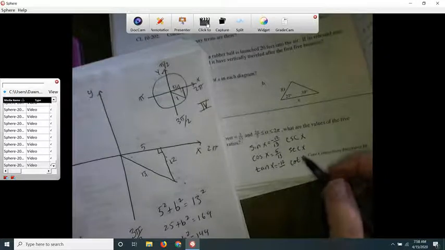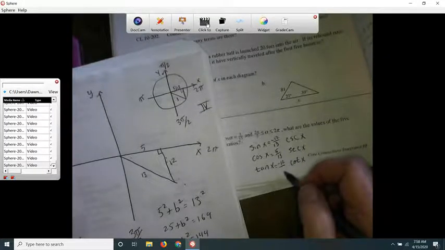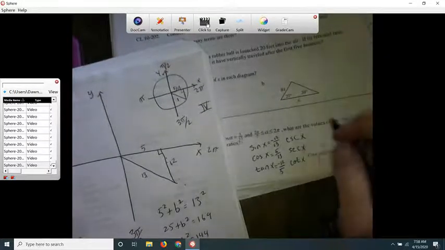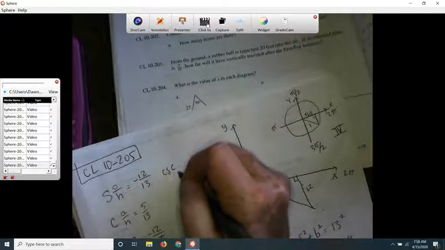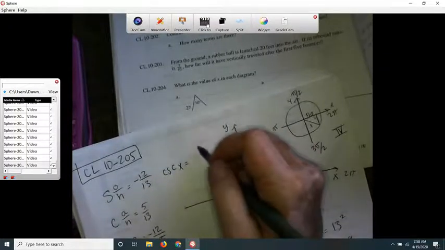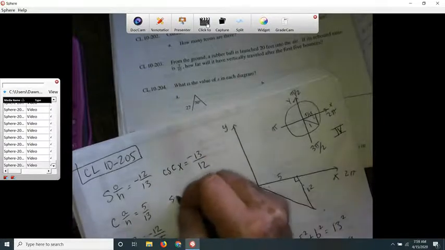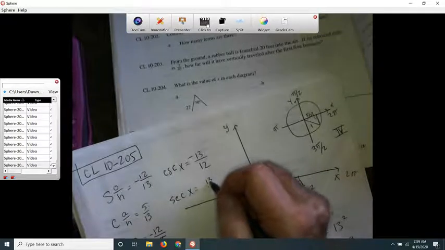Now these ones, for cosecant, we're just going to flip it upside down. And for secant, flip it upside down. And for tangent, flip it upside down, or cotangent.